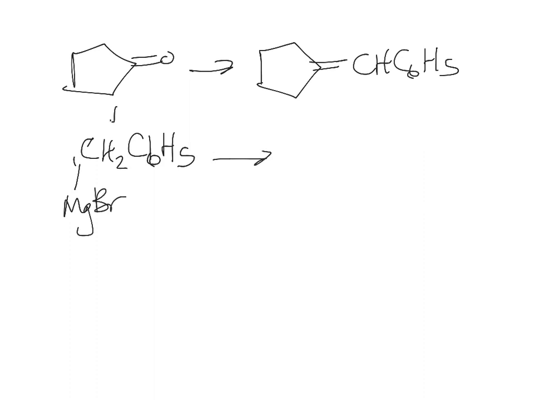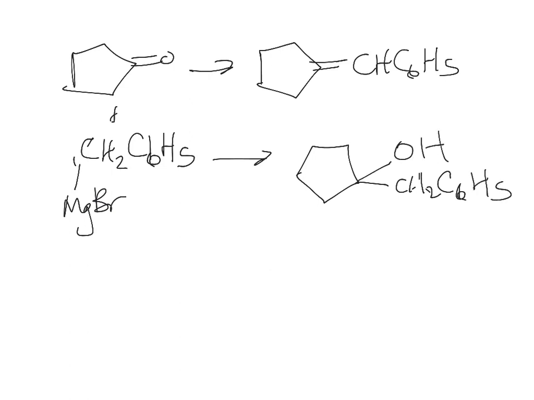If you add those two together, you end up with CH2, C6, CH2, C6H5, OH, and then you could do a dehydration, right? Take off your water using acid, etc.